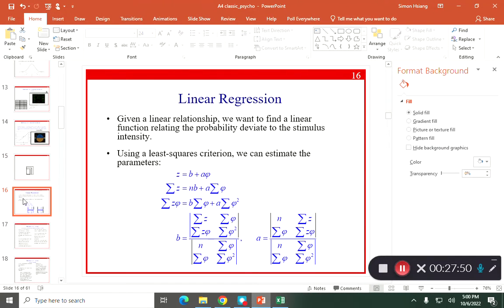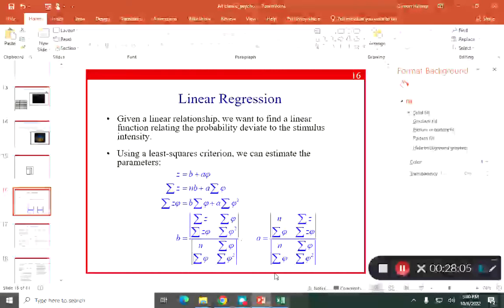So you can consider that the numerator is almost like how they co-vary over the variations of the stimulus.